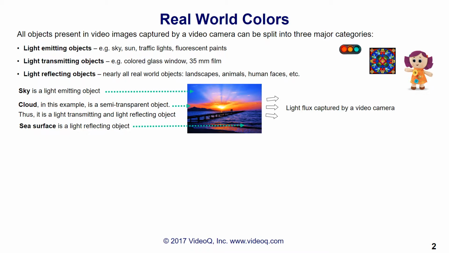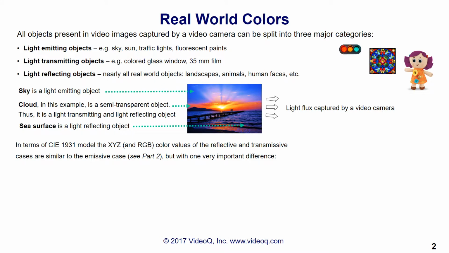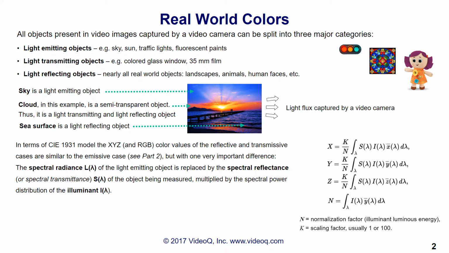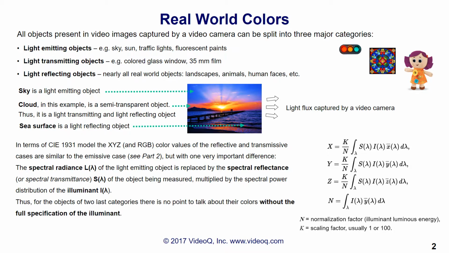Color values of the reflective and transmissive objects depend not only on their spectral reflectance or spectral transmittance, but also on the spectral power distribution of the chosen illuminant. So there's no point in talking about their colors without the full specification of the illuminant. Changing the illuminant means changing the objectively measured color. It's as simple as that.